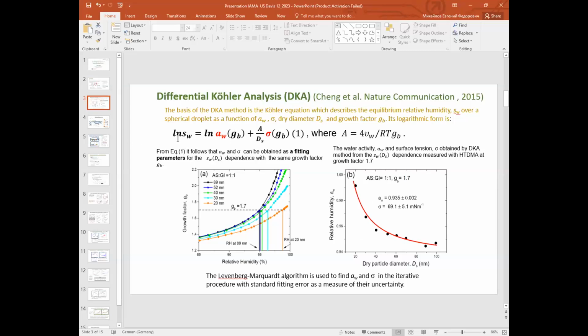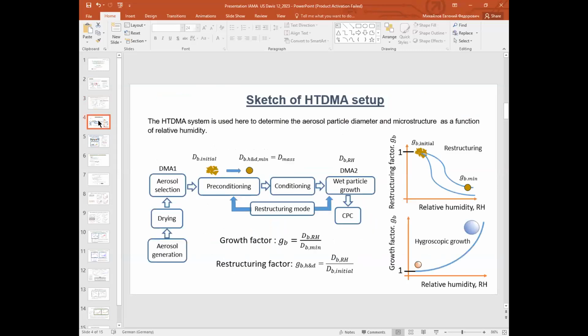So first of all, as you see here, there are experimental methods, and after that, the theoretical ones. As an experimental method, it must be very careful to determine all parameters of the model, because you need to know the hygroscopic growth factor with very high precision.